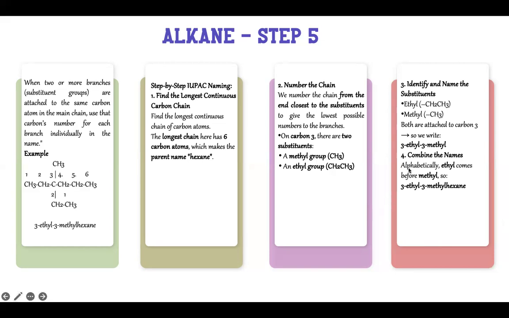Then you need to identify the names of the substituents, where ethyl is branched out from the chain as CH2 and CH3, and methyl is CH3. Both are attached to carbon 3, so we write 3-ethyl and 3-methyl. Then you combine the names alphabetically, ethyl before methyl. So 3-ethyl-3-methylhexane.